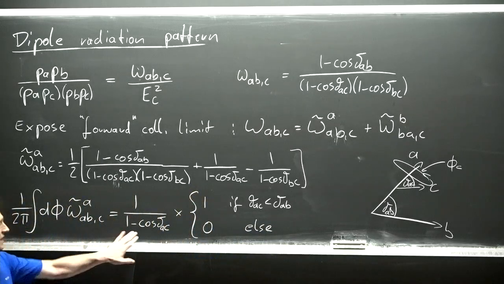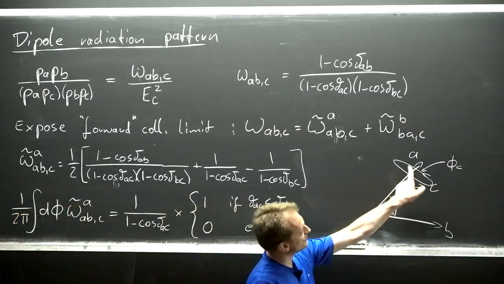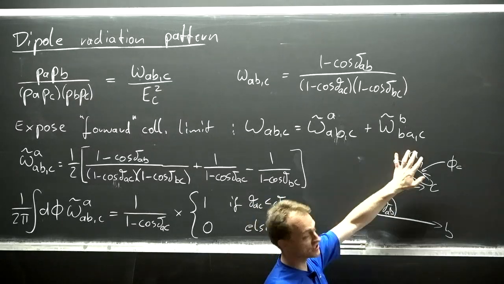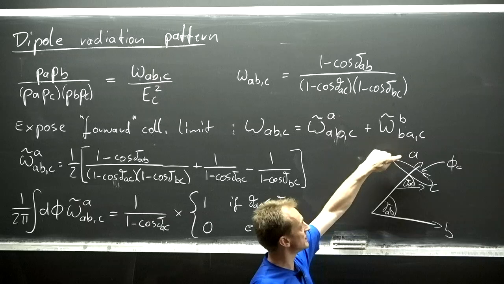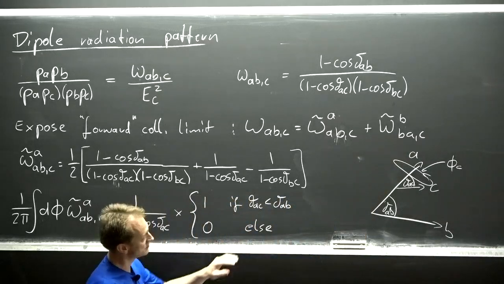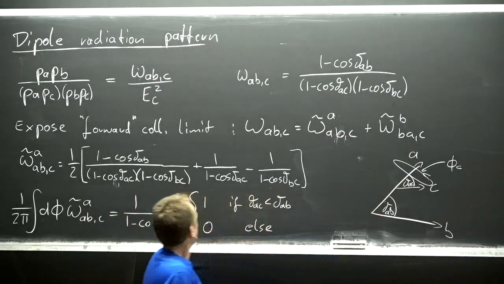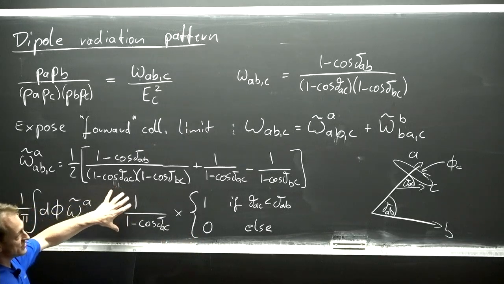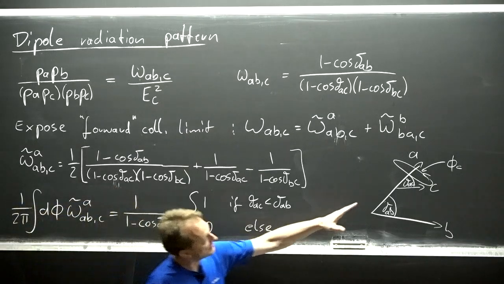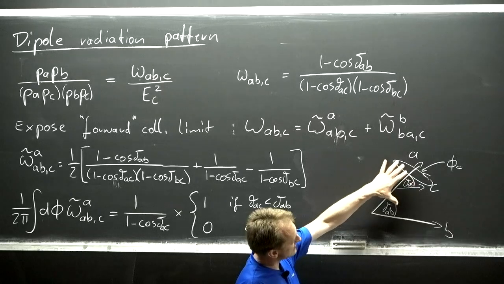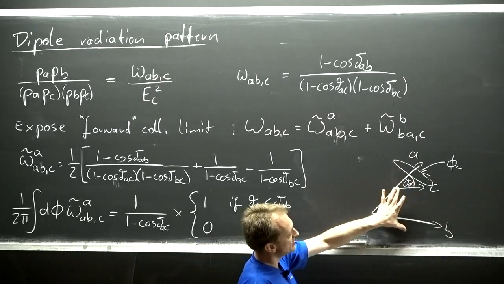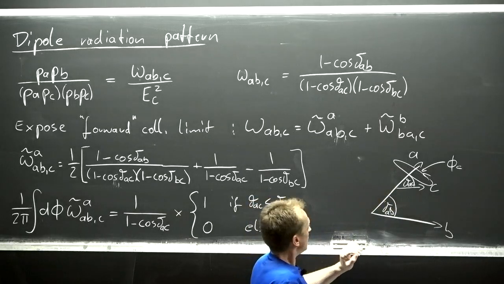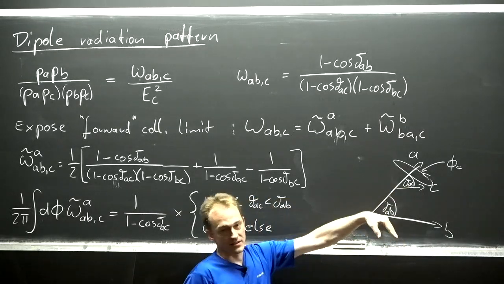So that means as I average over this azimuthal angle of the radiated parton, with respect to the collinear direction that I'm interested in, which is defined by my parton A here, by my initial radiating charge, I will either have something that looks like a collinear structure if the emission angle is less than the opening angle of the emitting color dipole, or charge dipole, if you will, or I will have 0 if the emission angle is larger.